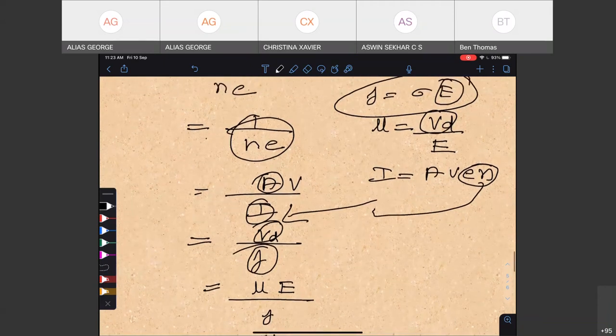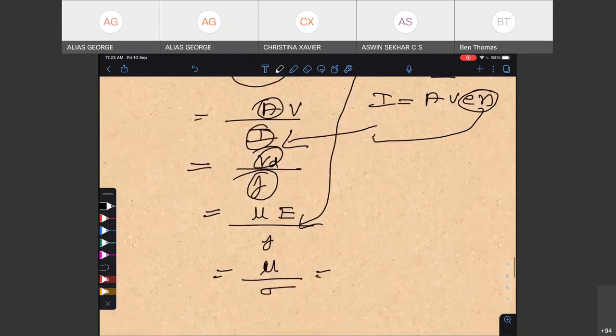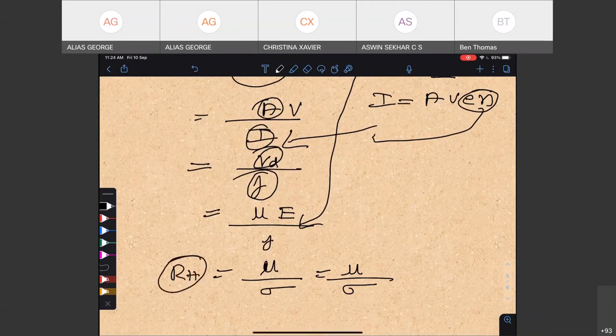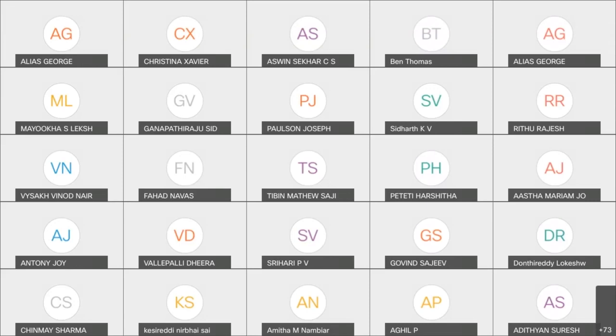Then I substitute this equation, and I got mobility by conductivity as R_H. Did you understand this? Then I'll be coming back to this too.